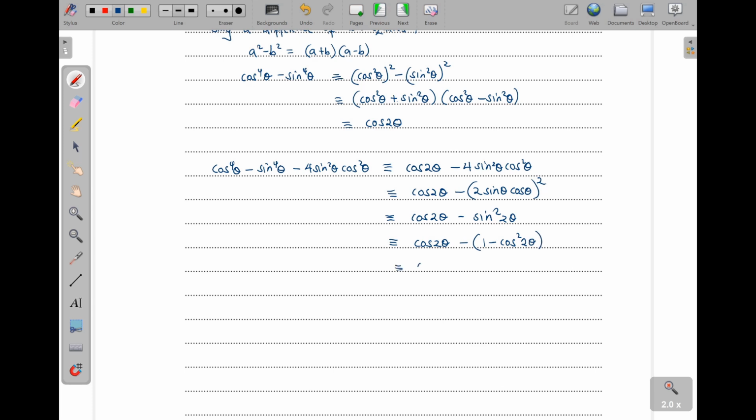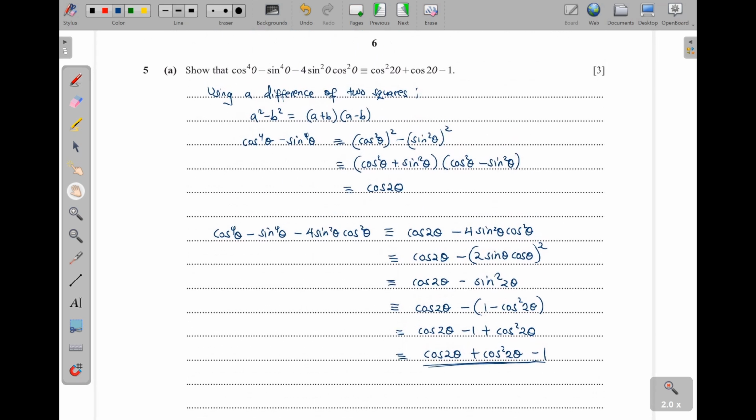Then, opening the brackets, we shall have cos 2 theta minus 1, then plus cos squared 2 theta. So meaning our answer is going to be cos 2 theta plus cos squared 2 theta, then minus 1. Just like that.